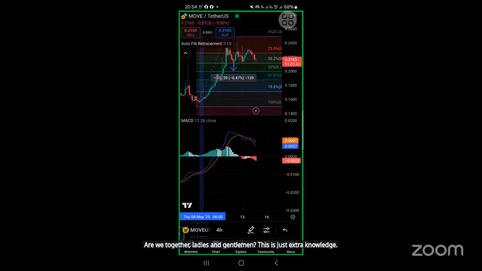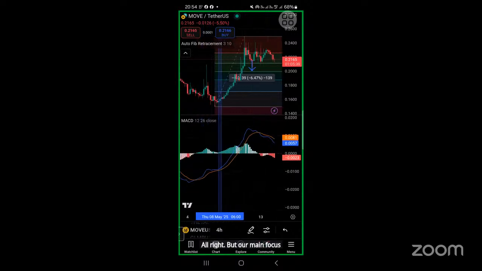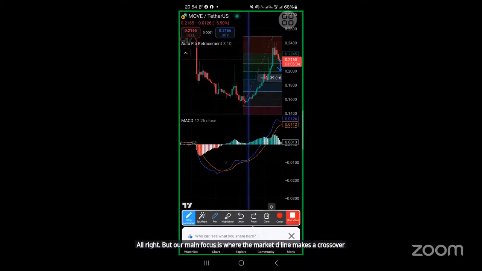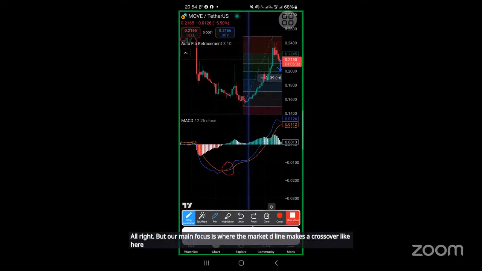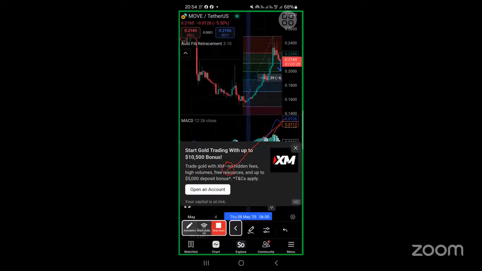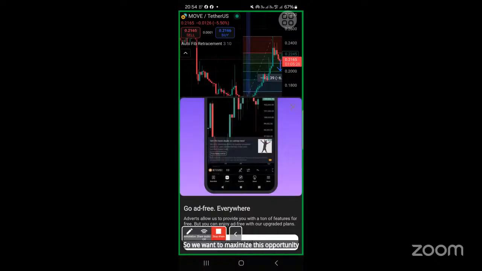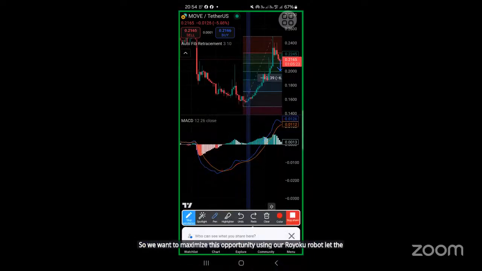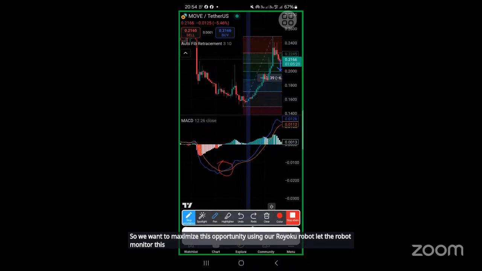All right. But our main focus is where the MACD line makes a crossover, like here, it made a crossover to the upper side. So we want to maximize this opportunity using our RoyalQ robot. Let the robot monitor this crossover on our behalf.